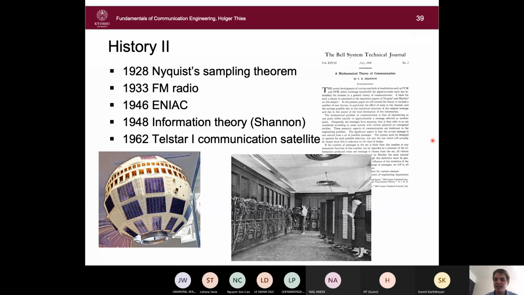It was invented in 1933, but in the beginning it was not very popular. But later it was discovered that it is much more resistant to noise, and it therefore became the most popular technique for radio transmission. The first electronic computer was invented in 1946, which was the ENIAC, which stands for the Electronic Numerical Integrator and Computer.